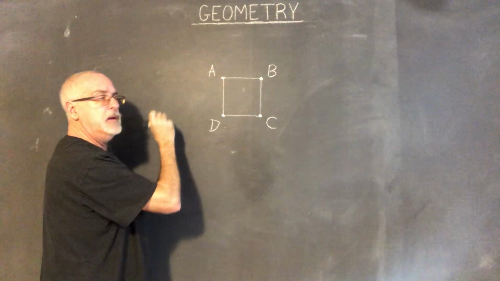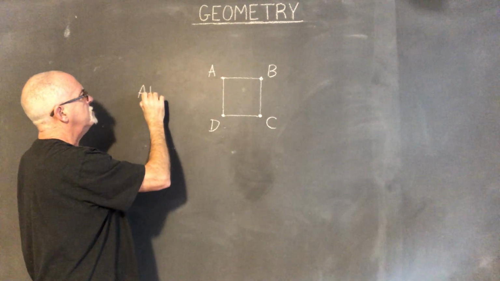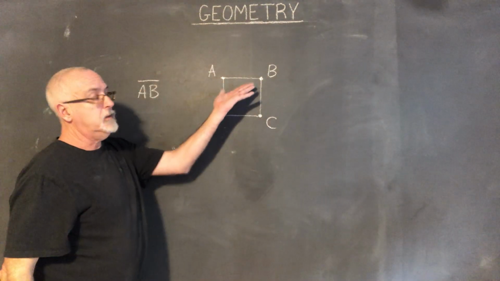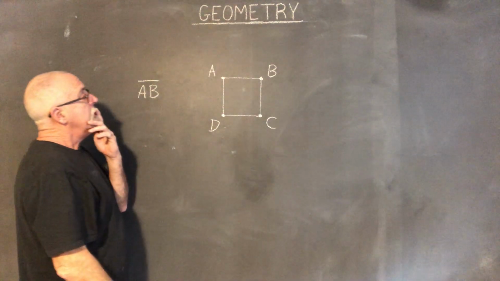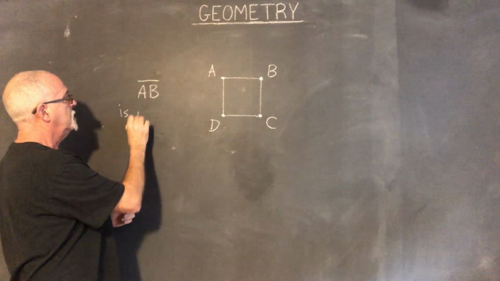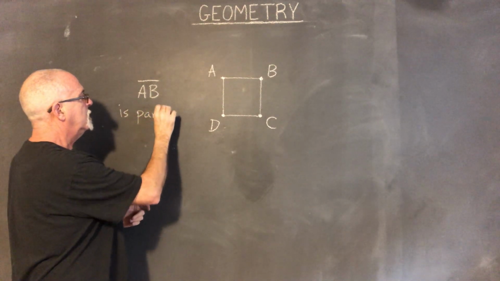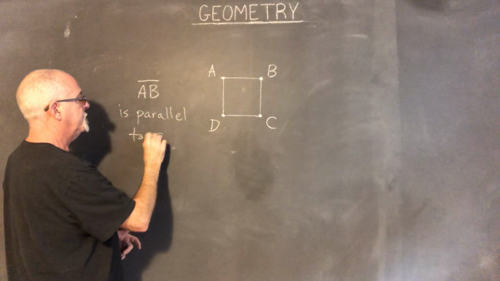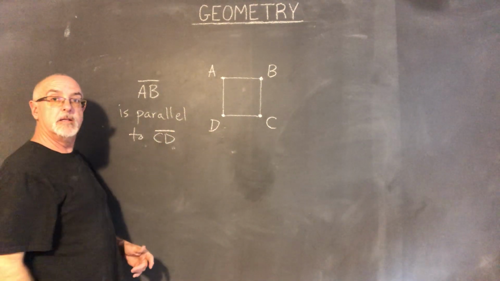Side AB, which I can denote with line segment AB, because basically that's what it is, has to be parallel to side CD, line segment CD.